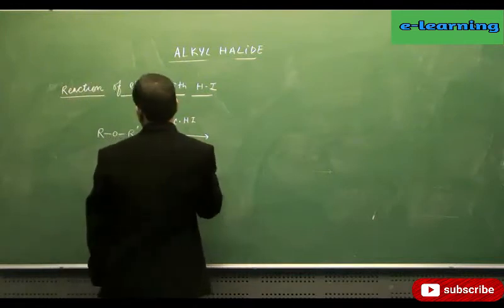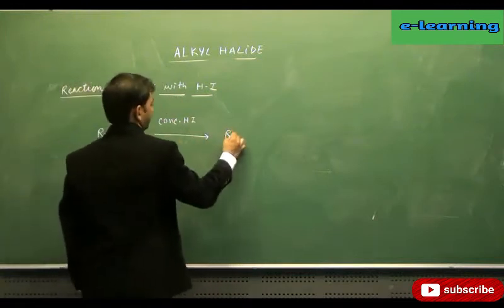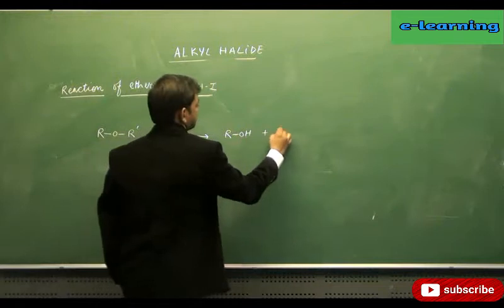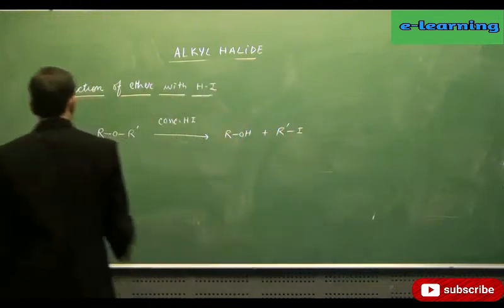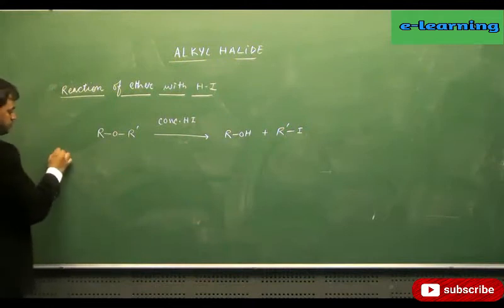Let us see concentrated HI. It gives ROH plus R-I. You see the mechanism with concentrated HI.